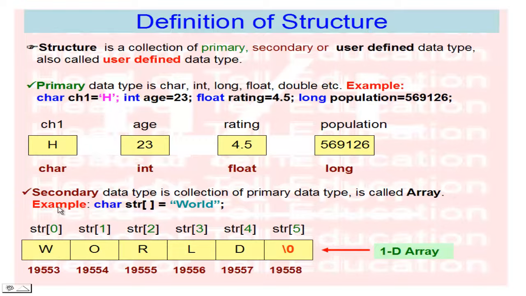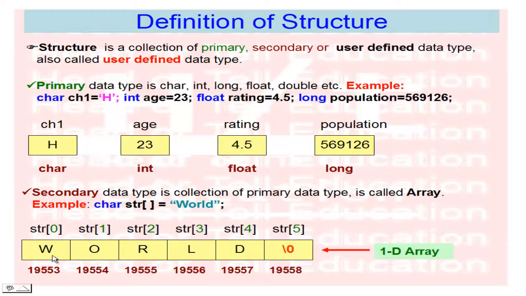Like a small example here, a character string array, where we assign the string world. If we created individual variables, we would create character ch1, ch2, ch3, ch4, like this. In an array we have only a single name, str, and assign the value world.